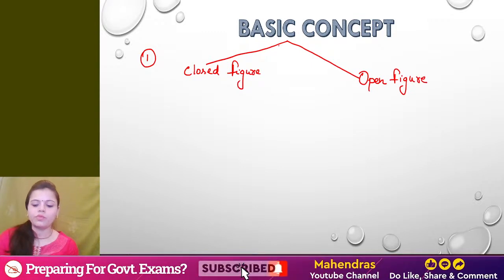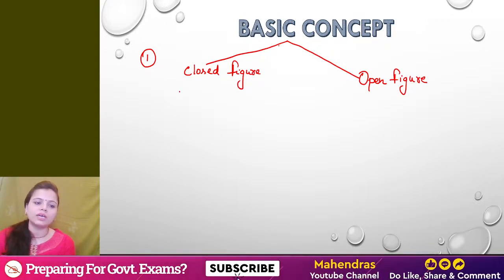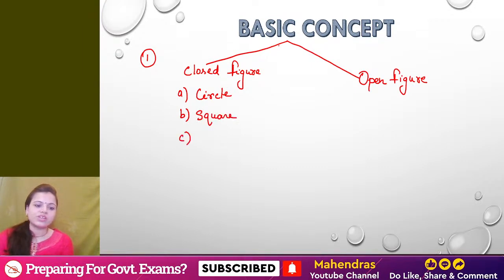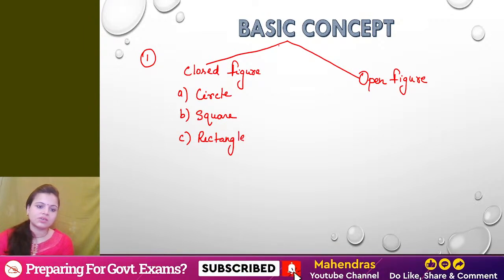Okay. One is for closed and second for open figure. Next, under closed figure we'll study the circular arrangement, then square based arrangement, rectangular based arrangement, or a triangle.